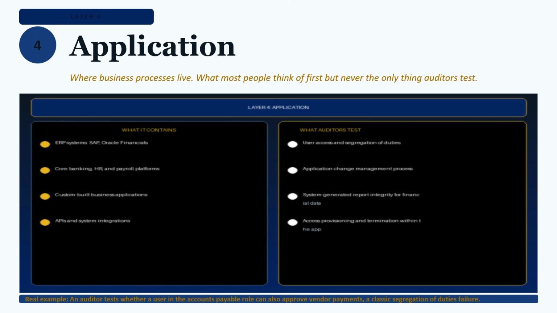We also test system generated reports, IPs, and all that. We test whether access provisioning and termination, which is the one we are very familiar with, is functioning correctly within the application. If you watch my previous videos, I think I've talked a lot about IT general controls on applications, so you will be able to understand.